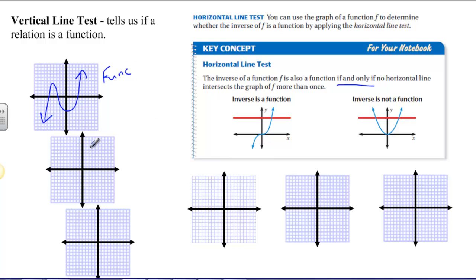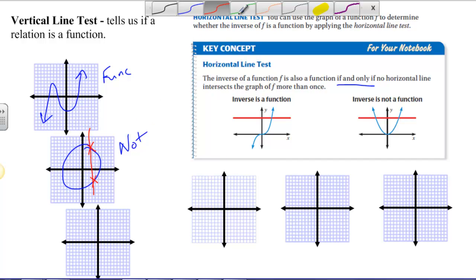This right here is not a function because, again, that vertical line would cut through it twice, there and there. And then if I have one more, something like this, it's not a function because the vertical line cuts through twice. Now, the horizontal line test doesn't tell us if it's a function or not. It tells us if its inverse will be a function.